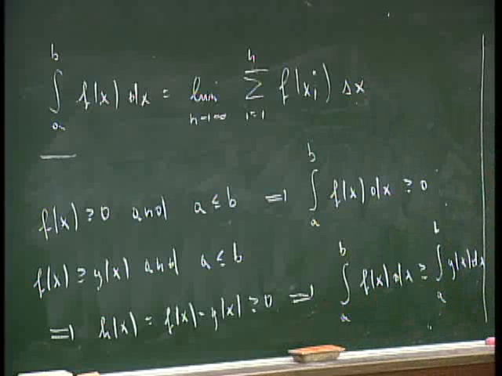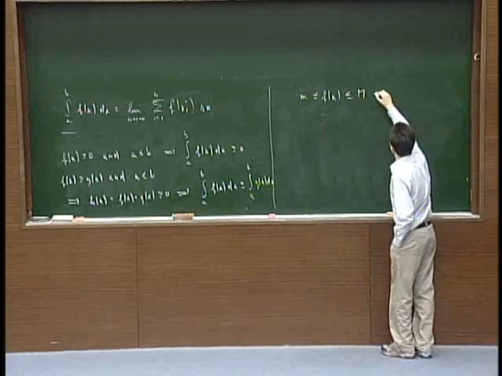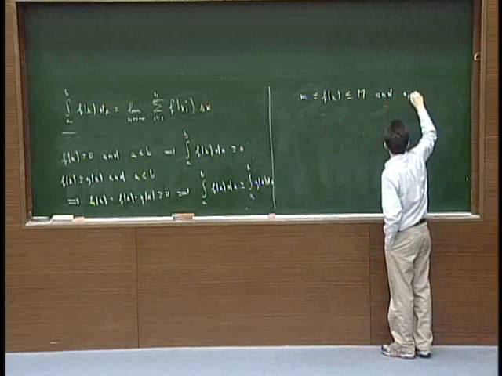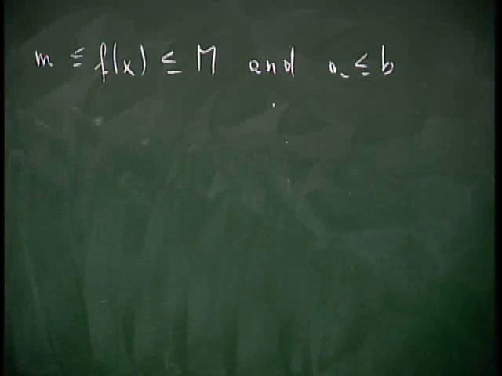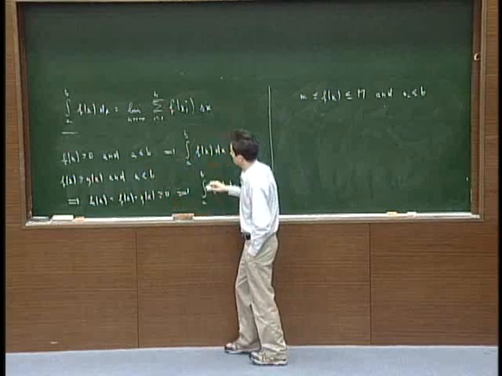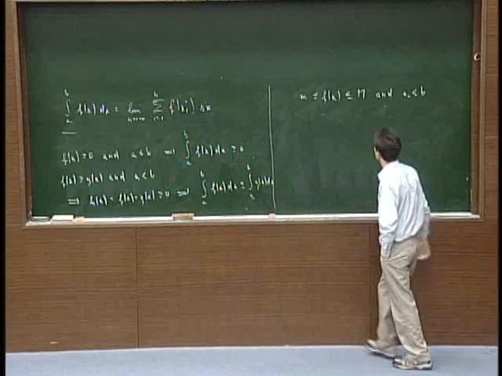And from this one, you get another consequence if you know that f of x is larger or equal than m and smaller or equal than capital M, and again, a is smaller or equal than b. You shouldn't forget this one, because sometimes it's easy to forget about it. If it is the other way around, the inequality would also change in the other direction.